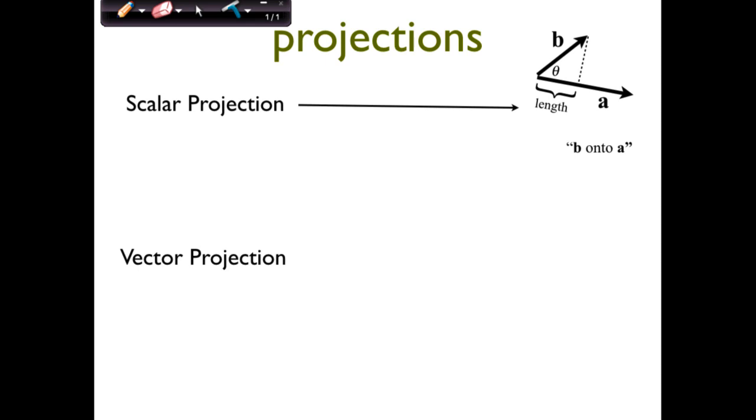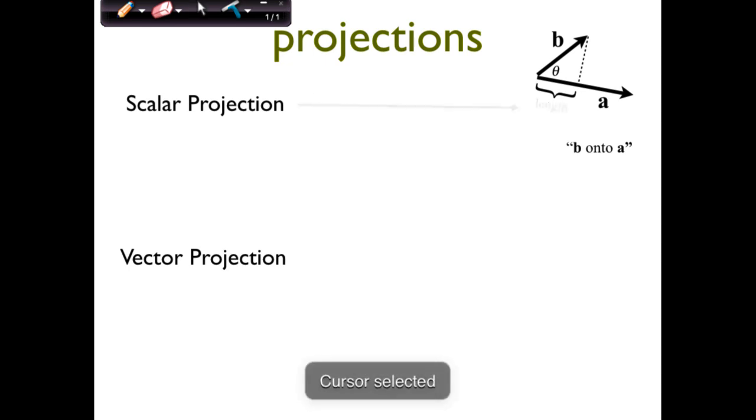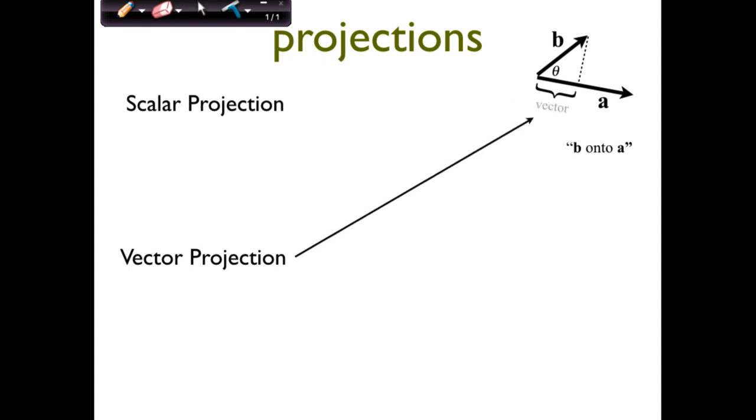That's right. You get that orange vector, which is called the vector projection. Therefore, the scalar projection is the magnitude of the vector projection. It's the length of that vector. Better?